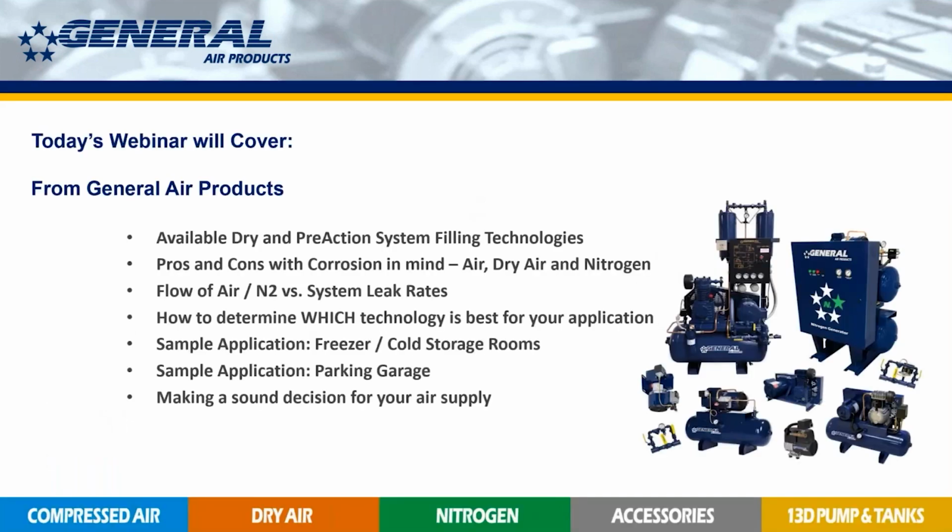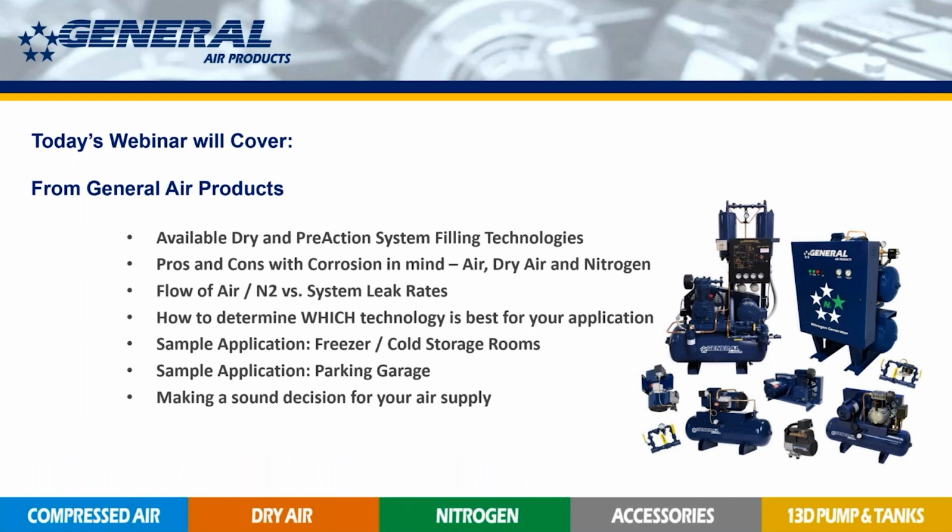All right. Today's webinar, like I said, is going to get into air supply decisions, and we're going to do that by way of dry and pre-action technologies: what technologies are available, and the pros and cons of those technologies with corrosion in mind, since that is the hot topic. We'll cover flow of air and nitrogen versus system leak rates, which is a really important aspect of this conversation.